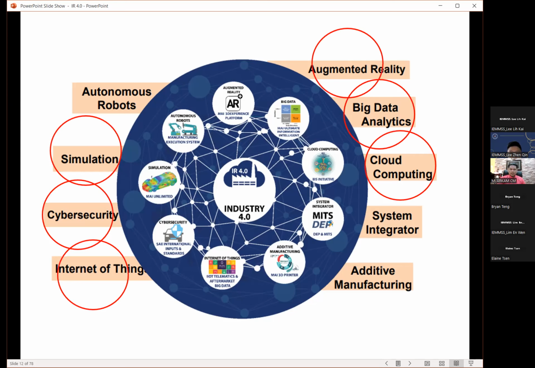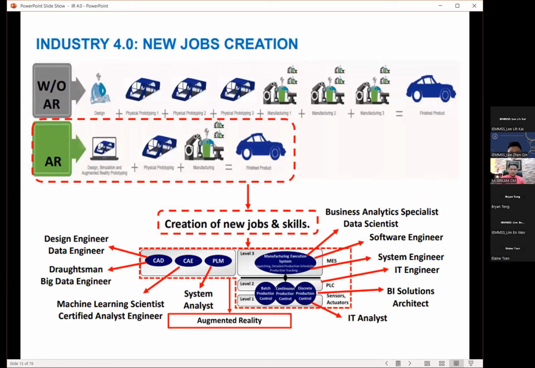Okay, we also talk about these 6 things today. So we talk about the first one, AR, augmented reality. Without AR, they design a physical prototype, then physical prototypes, 3 times physical for example, and then go for manufacture, then print the finished product. So AR doesn't play a role at that point of time.